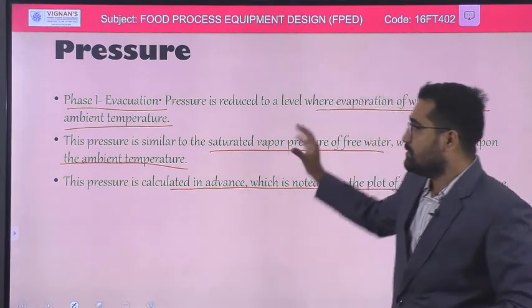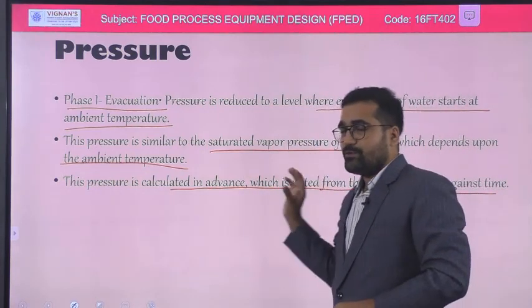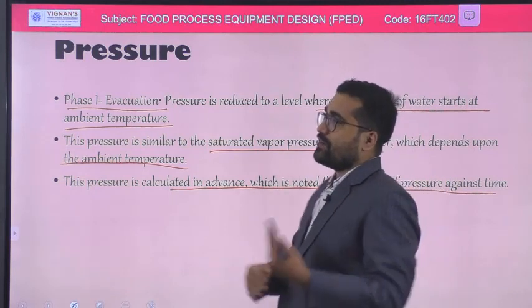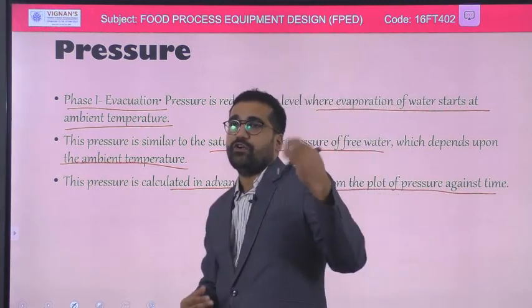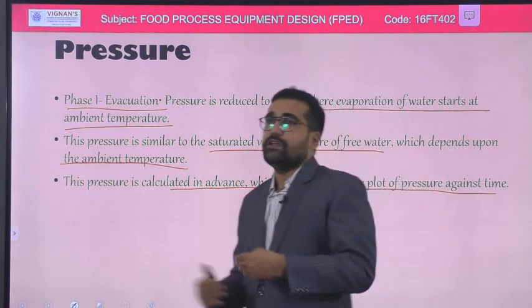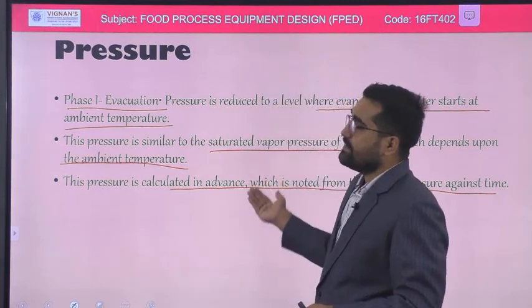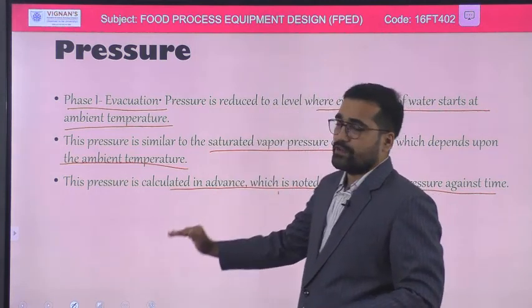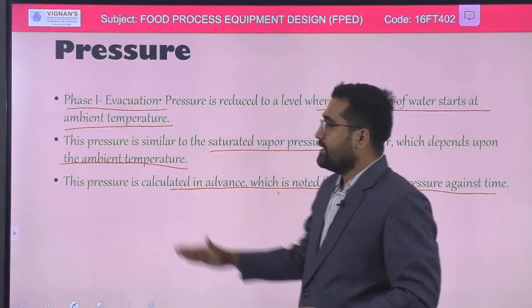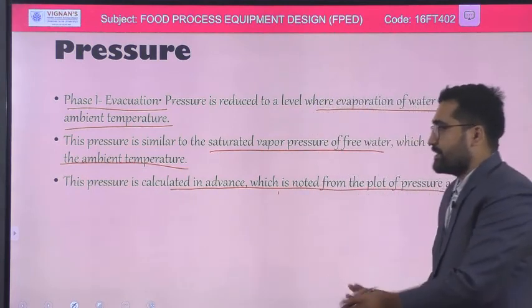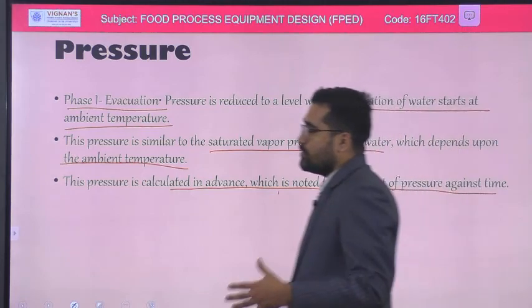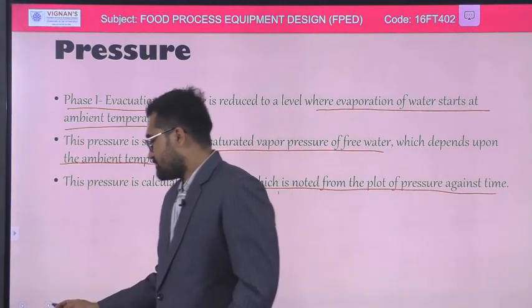We have to calculate in advance at which pressure we are going to work, and give that as input to our equipment. Then at this pressure we should work. So that is the role of pressure in vacuum drying.